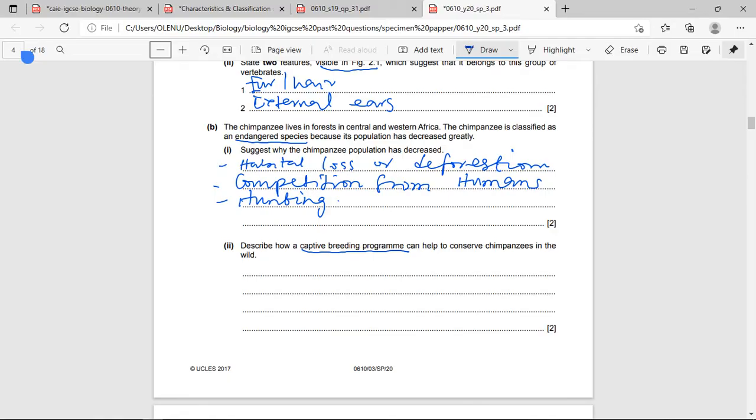Then you release them back to the wild. So the first importance is captive breeding will allow them to reproduce.